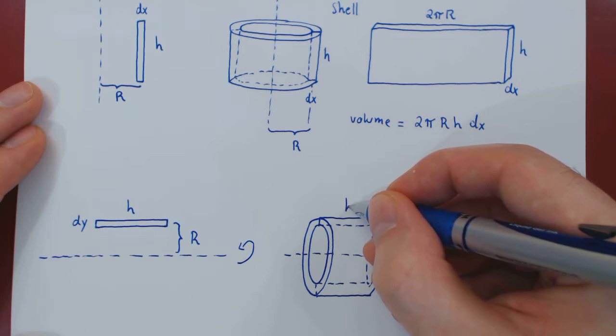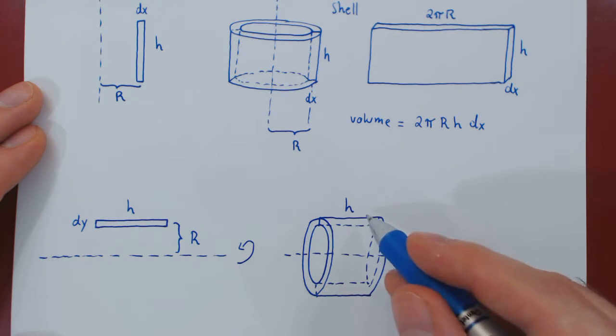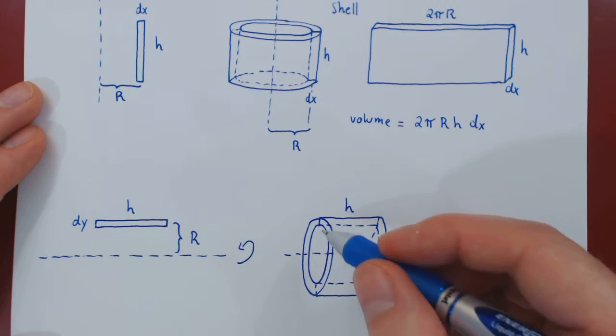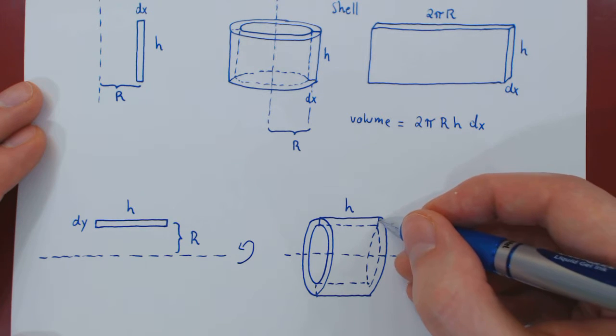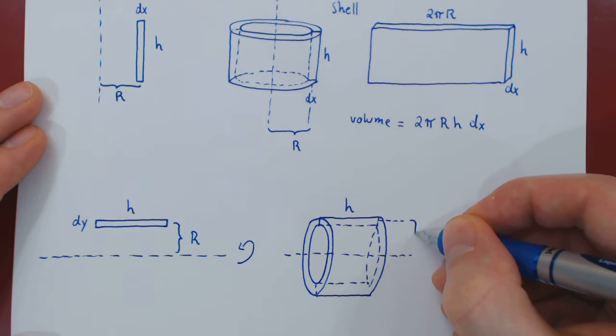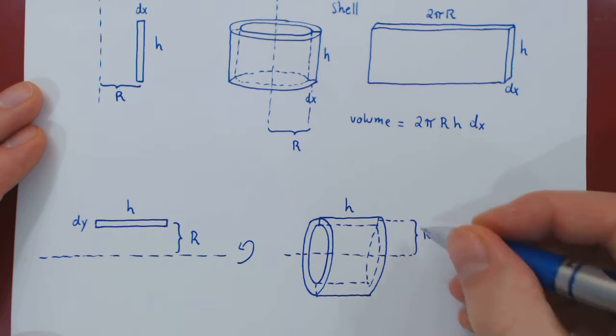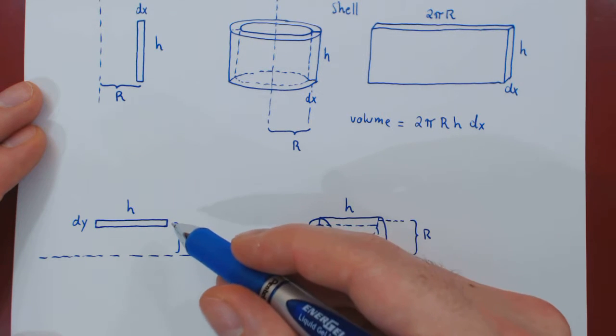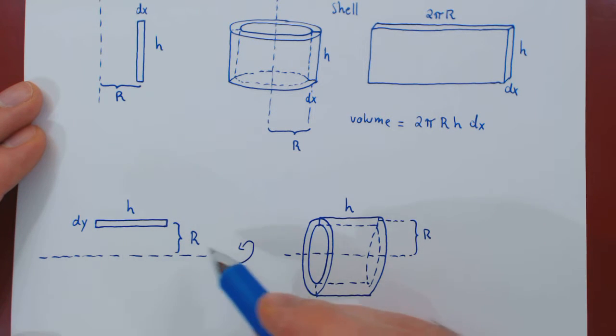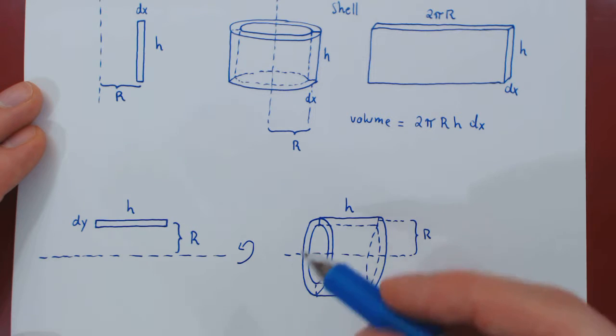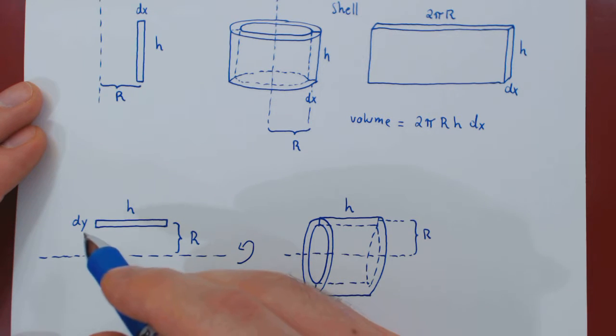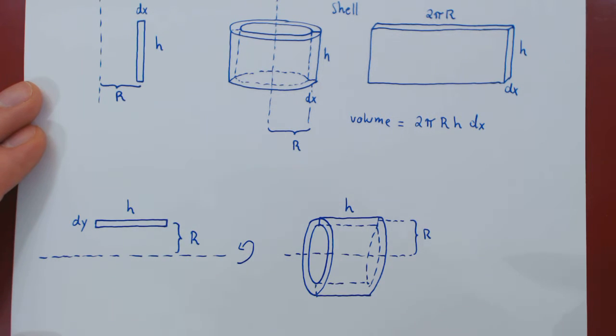We have the height of the shell being the height of the rectangle, the radius of the shell being the distance between the axis of revolution and the rectangle, and the thickness of our shell being, of course, the width of the rectangle, dy.